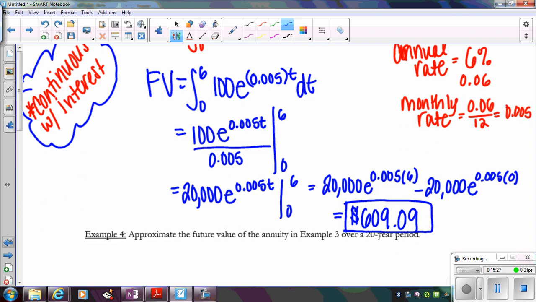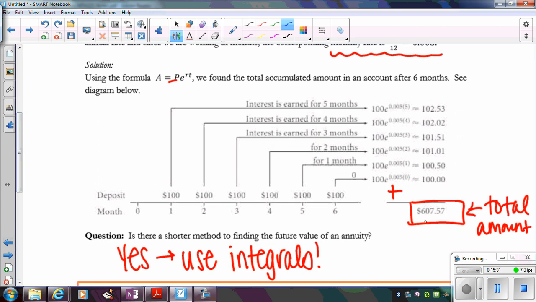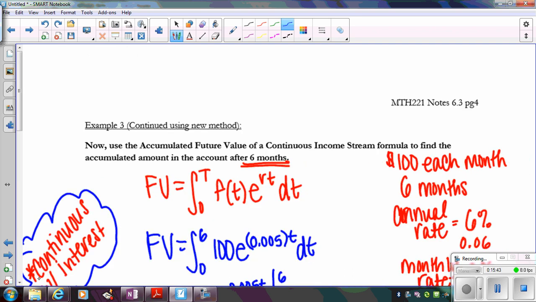If you compare that to what we got on the previous problem, very similar. So again, that shows you that integrals are going to be way quicker to use for this type of problem. And you're getting pretty much the same answer. It might be off a little bit.